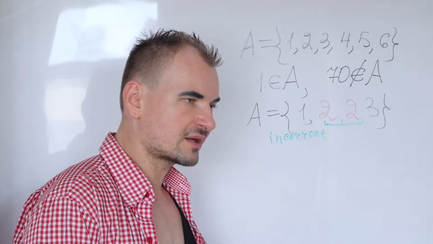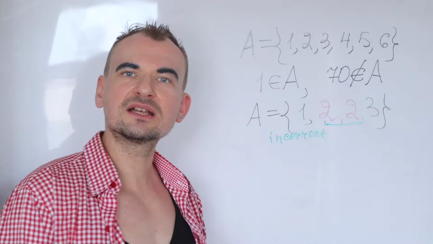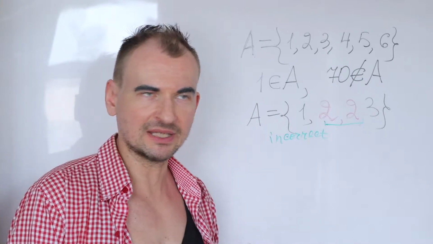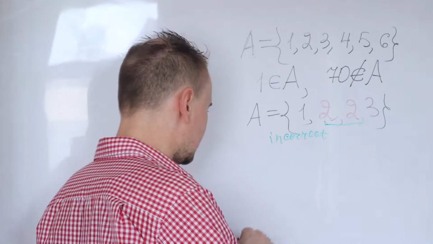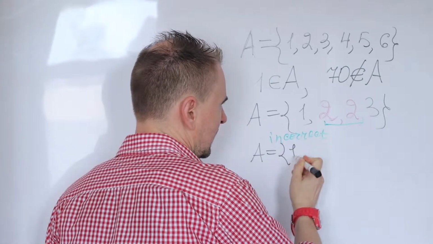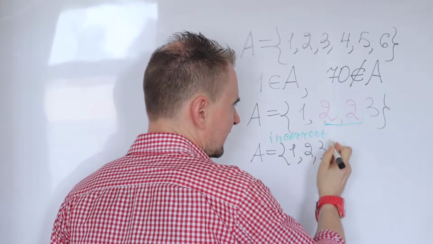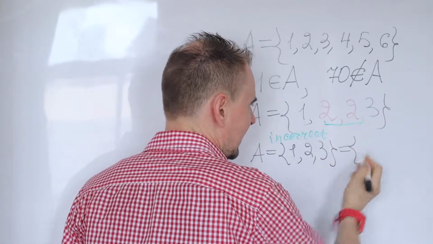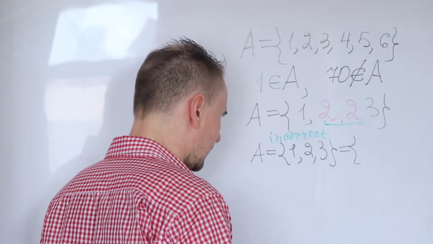Another little remark, that the order of the elements does not matter. So you could, instead of this, just write A is 1, 2, 3. It's the same set as you can swap the order of your elements.